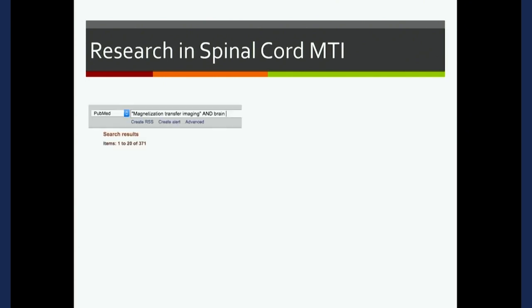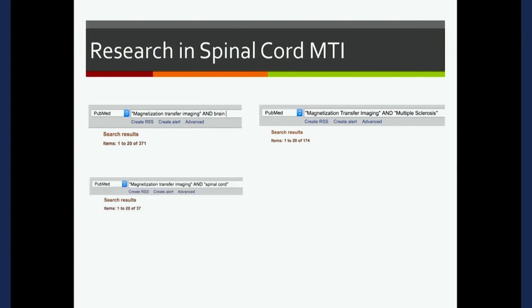First I wanted to see brain and MTI, and there were about 370 papers as of last week in the last 10 years. Next, I looked at MTI and MS, and there were about 174 papers. MTI and spinal cord, very, very tiny number. And then MTI and myelitis, there were only 2 papers as of last week.